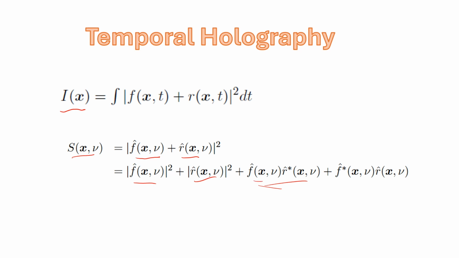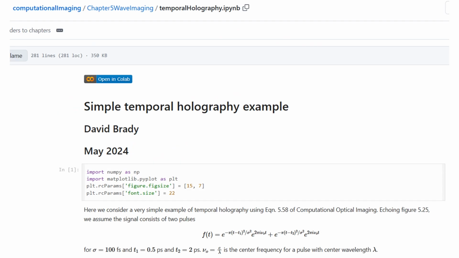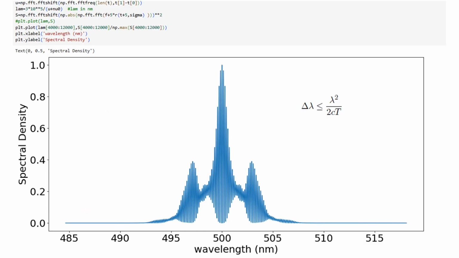So that frequency modulation would modulate this F_x of nu, and from that modulation we could filter and recover F_x of nu. In the GitHub repository that goes with these episodes, there's a notebook which considers a simple example of temporal holography. So we're going to assume we have a pulse which consists of a sequence of signals, and that pulse interferes with the reference.